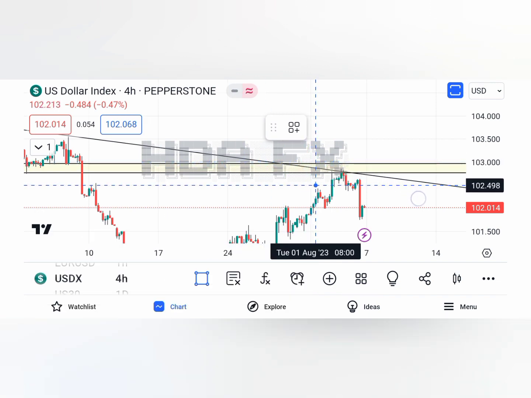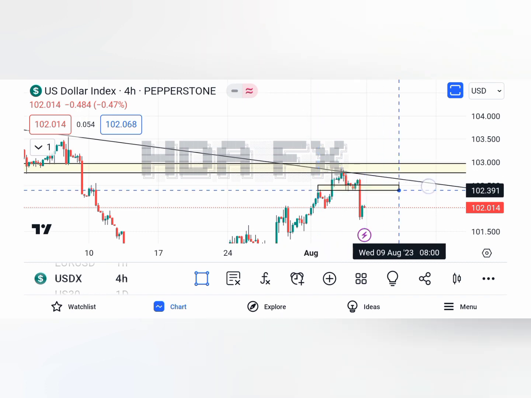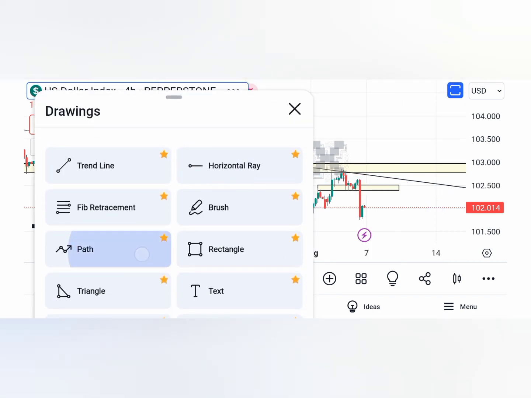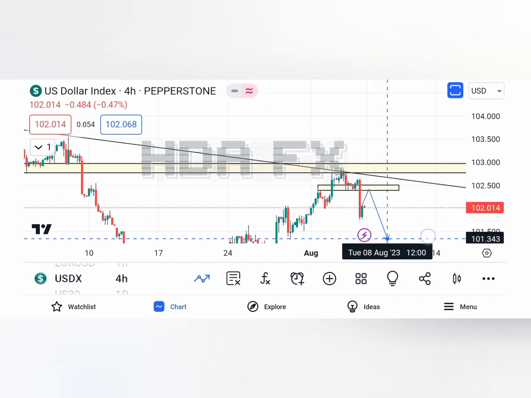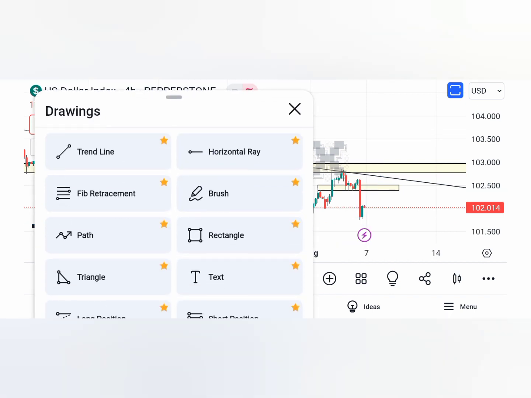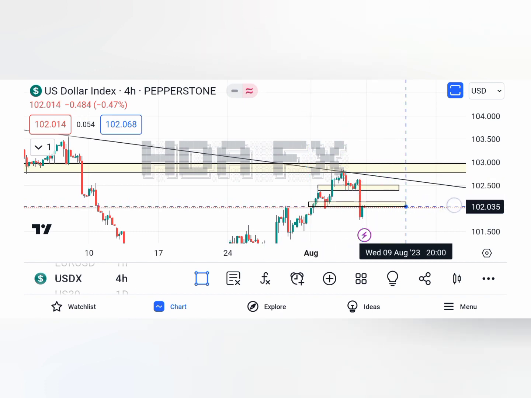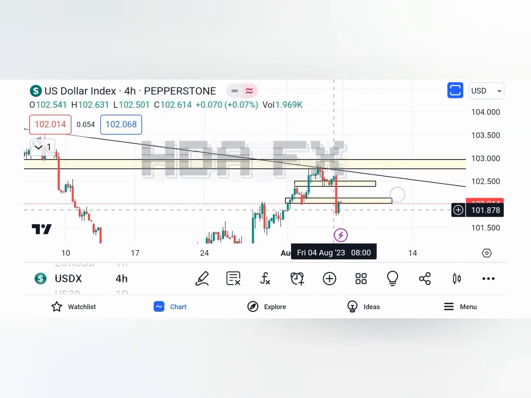We were expecting price to come down and move up to this side, then continue downwards, but price failed to do so, then continued to break this very point here. Price continued to break this zone here. So now we can see that price has gotten to this zone here.